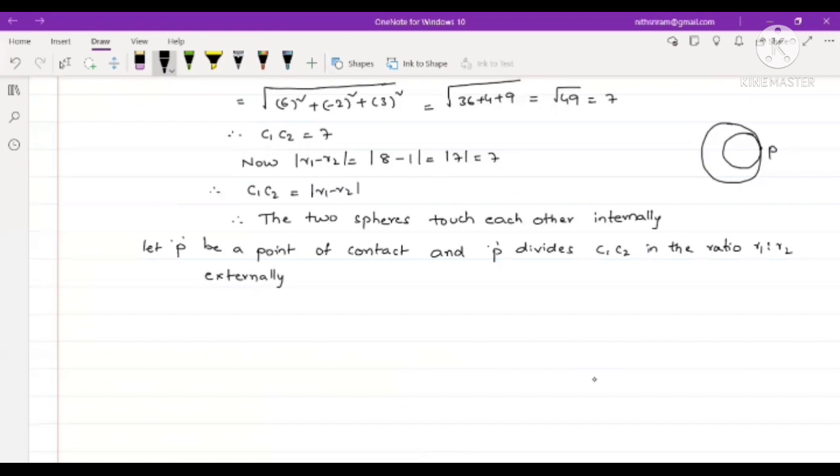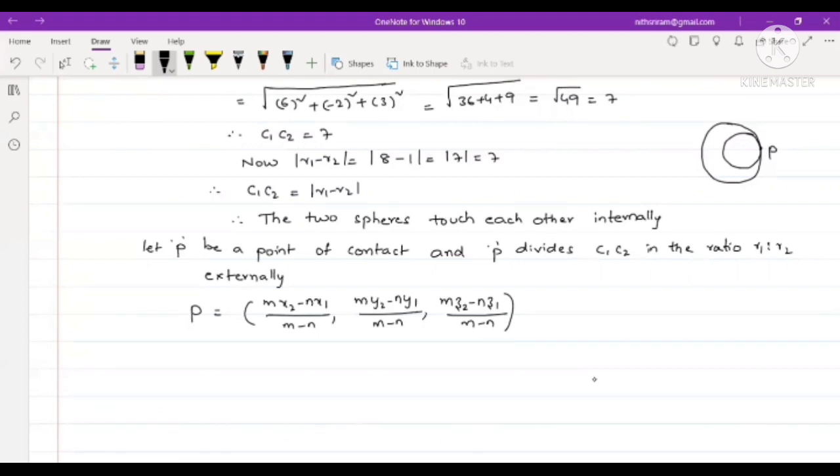The formula for P: whenever it is internal, we write mx2 plus nx1, but since it is external, we write (mx2 minus nx1) by (m minus n), comma, (my2 minus ny1) by (m minus n), comma, (mz2 minus nz1) by (m minus n). This is the formula to find the point of contact externally.